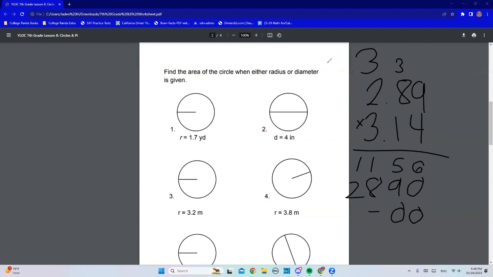3 times 9 is 27. 8 times 3 is 24 plus 2 is 26. And we add the 2 on top. And then 2 times 3 is 6, plus 2 is 8. So 6, 14, 17.